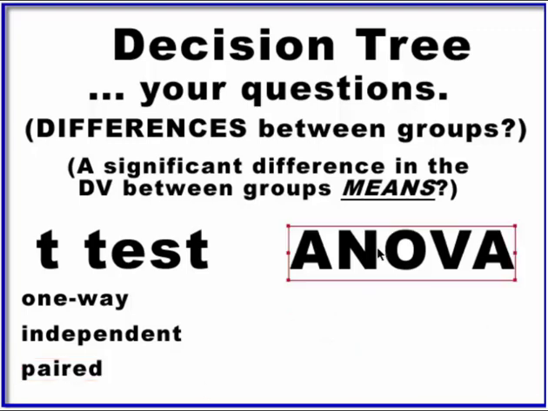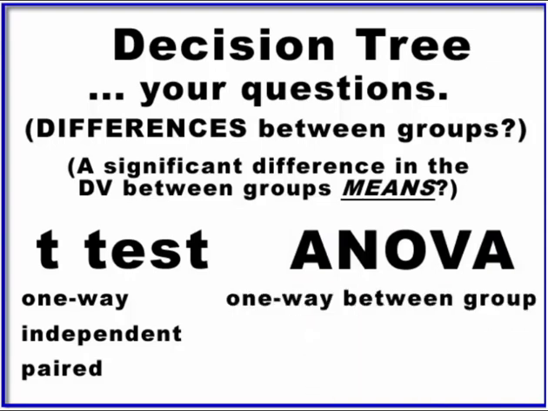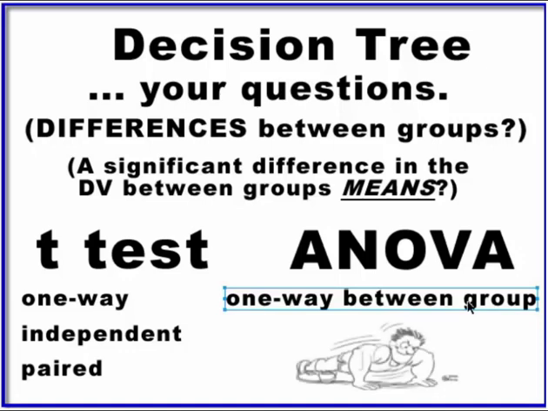The ANOVA stands for analysis of variance. You're going to use the ANOVA if there's more than two groups, right? 3 or more groups, you're supposed to use the ANOVA. And the main one is the one-way between group test. A good example is who can do the most push-ups in an hour.